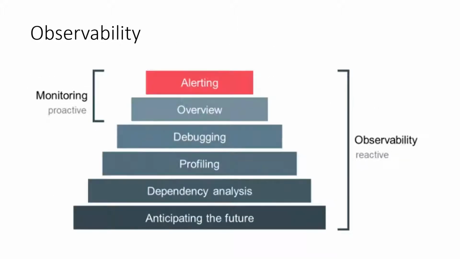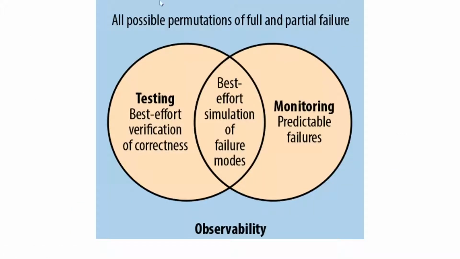So look at this here. This is the pyramid where observability includes alerting, overview, debugging, profiling, dependency analysis, and anticipating the future. But monitoring is only involved with alerting and overview. So in observability, we combine the testing efforts also.